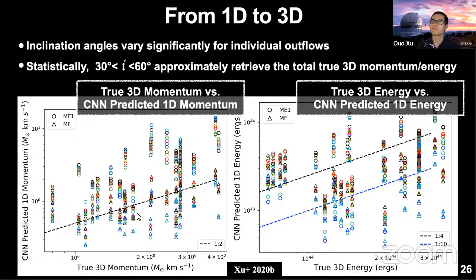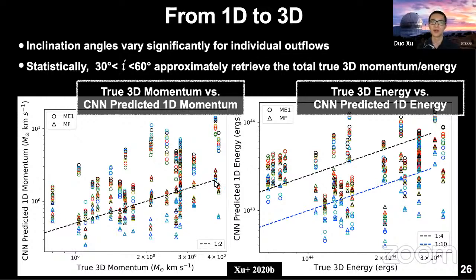If we add them up, we can see statistically, if we assume the outflows are randomly oriented, then an inclination angle between 30 and 60 degrees can roughly retrieve the total true 3D momentum.